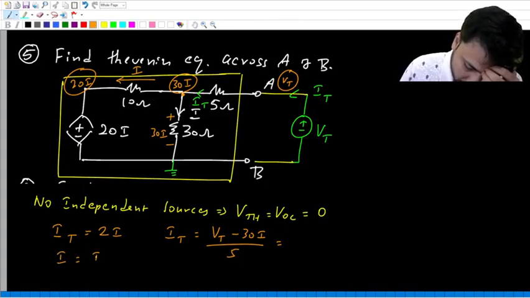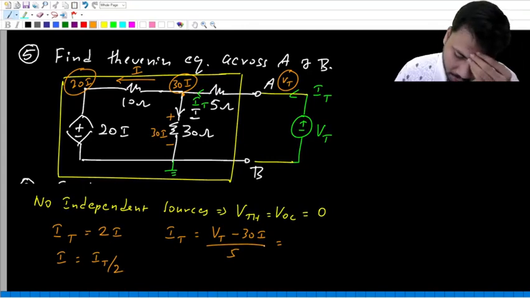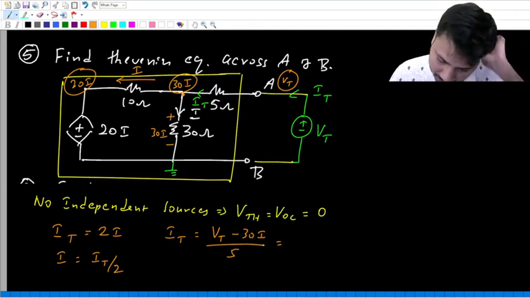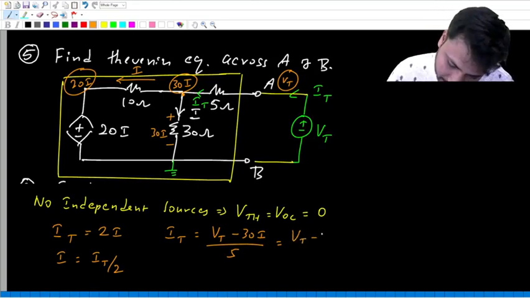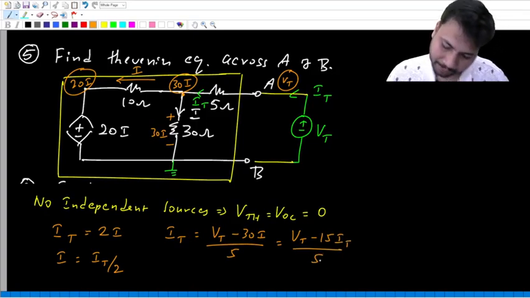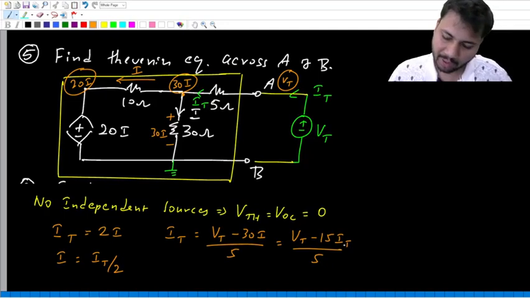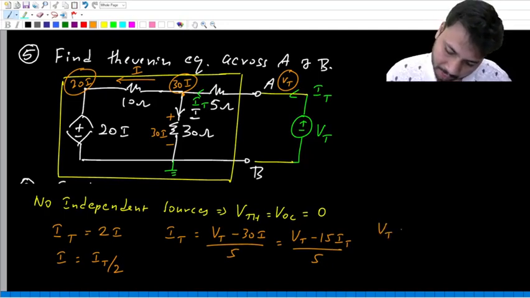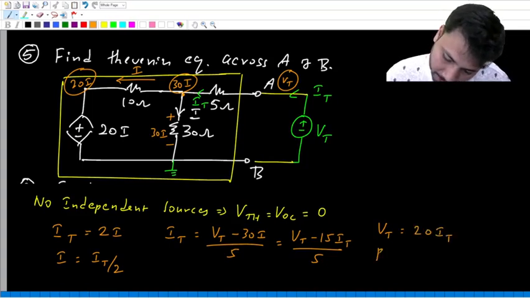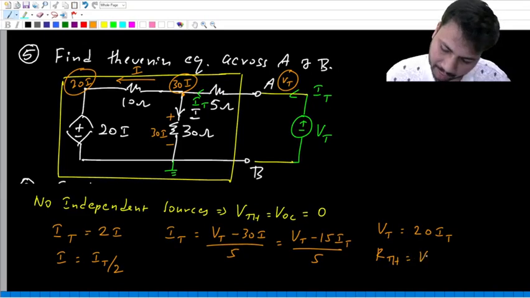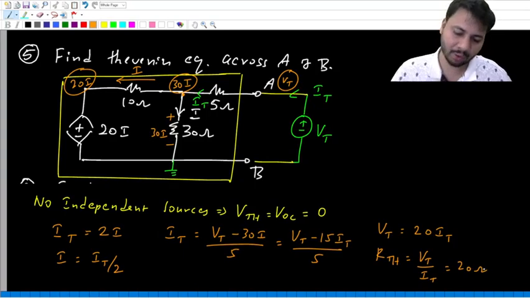Yes, I is equal to IT by 2. So 30I will be the same as 15 IT. So IT equals VT minus 15 IT by 5. That's all. 5 IT plus 15 IT. So VT is equal to 20 IT. And RTH is VT by IT, which is 20 ohms.